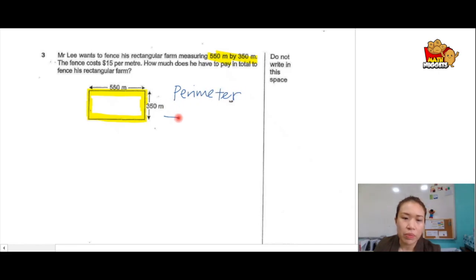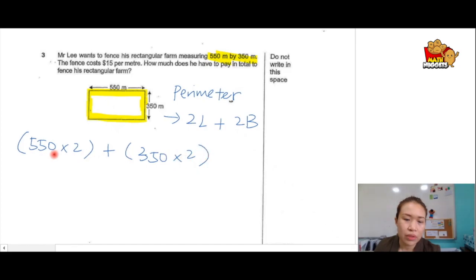So first you got to find the perimeter of the farm. Perimeter consists of 2 lengths and 2 breadths, so we're going to add them all up. This is 2 lengths, we add together with 2 breadths. That is 1,800 meters.